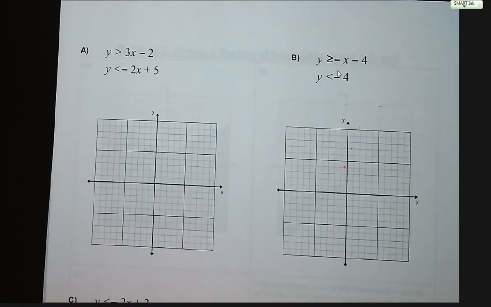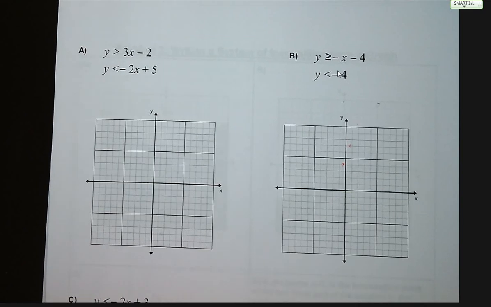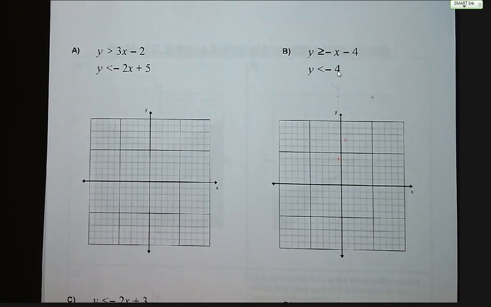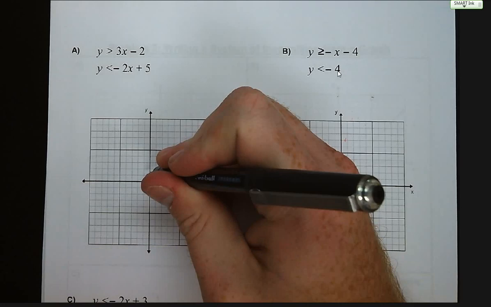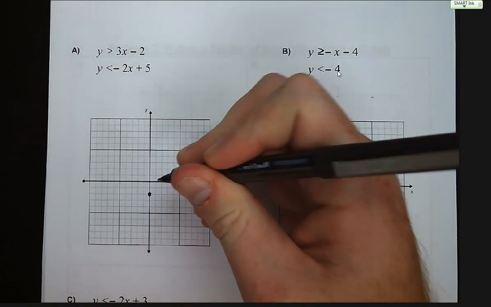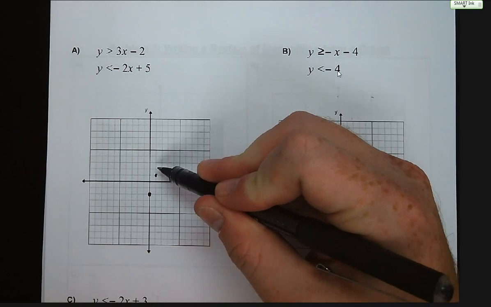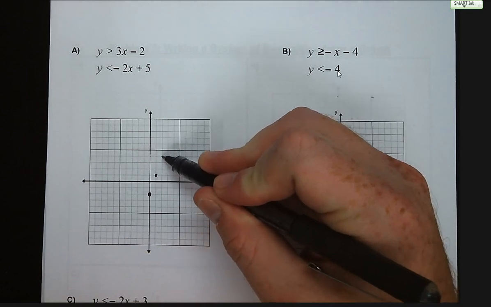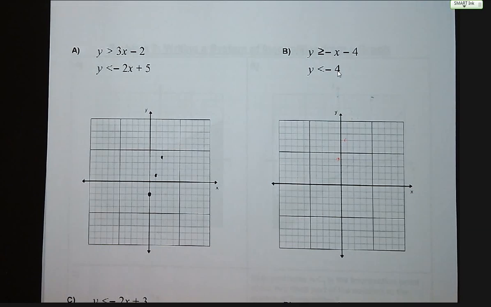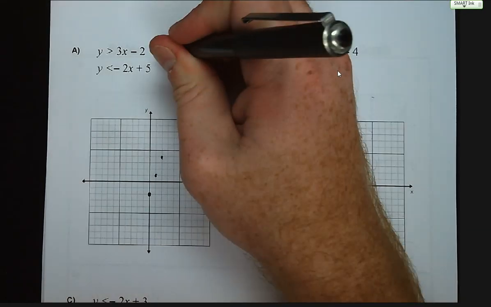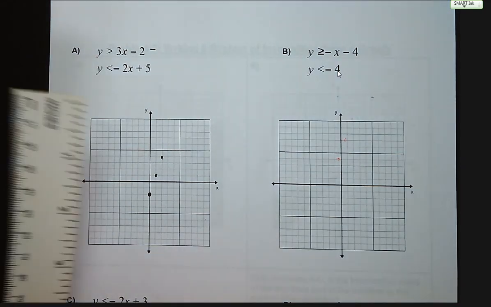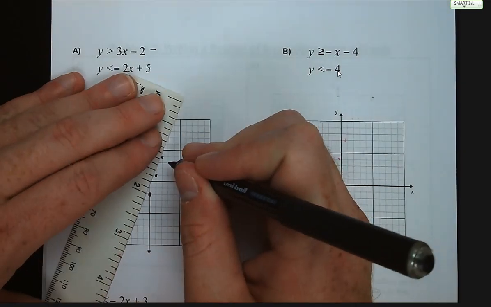We have letter A, y is greater than 3x minus 2. So we have a y-intercept at -2. And our slope is a positive 3, so we're going up 3 and to the right 1, up 1, 2, 3, right 1. And since this is greater than, it is a dashed line.